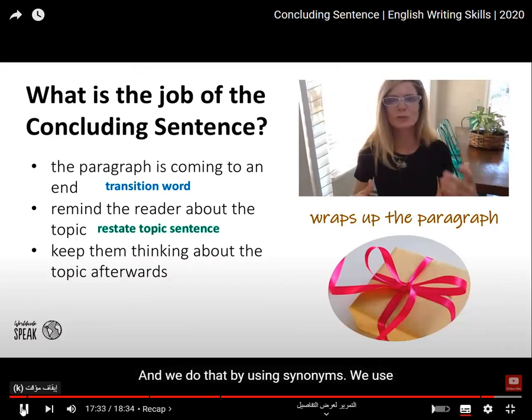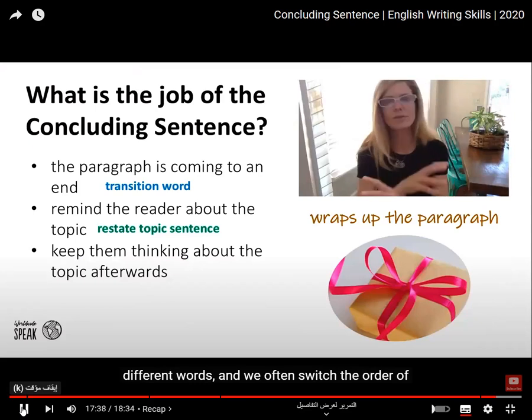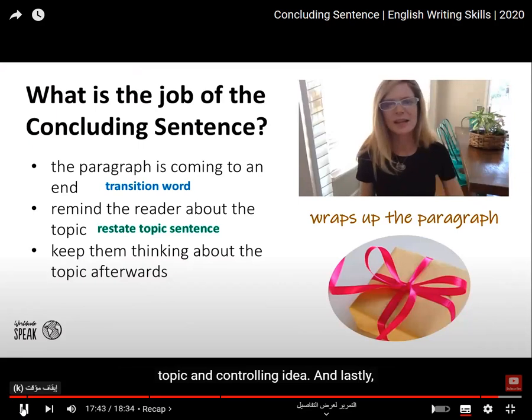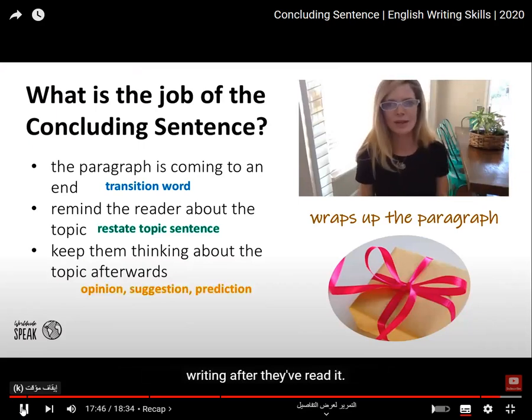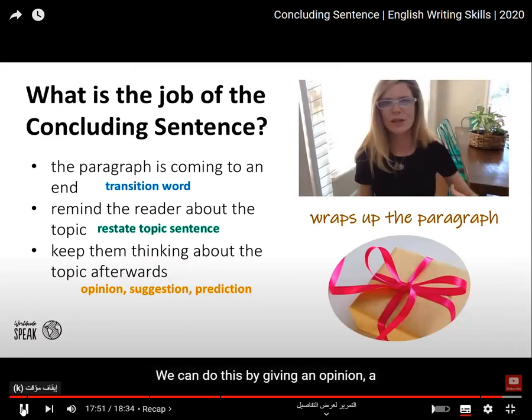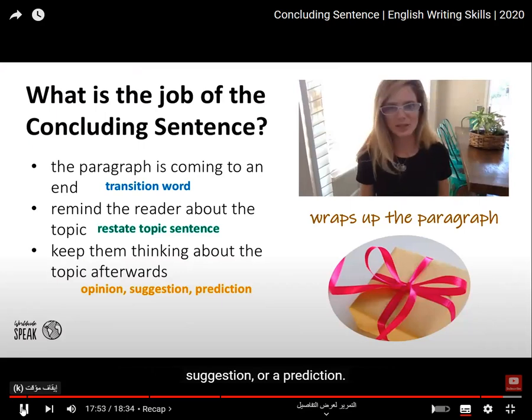And we do that by using synonyms, we use different words, and we often switch the order of topic and controlling idea. And lastly, we want to keep them thinking about our writing after they've read it. We can do this by giving an opinion, a suggestion, or a prediction.